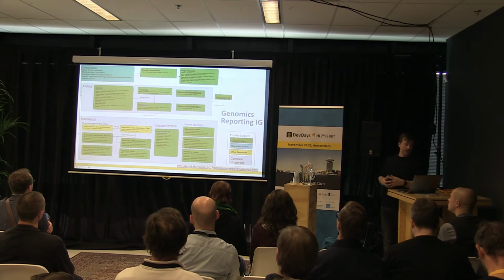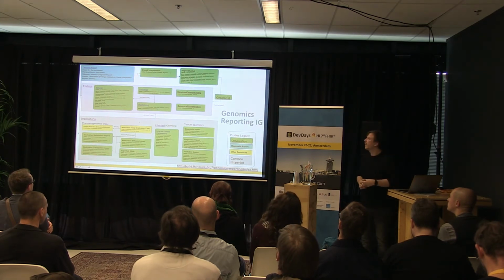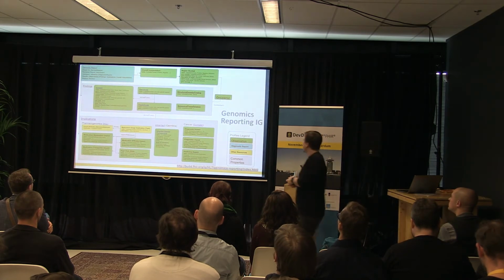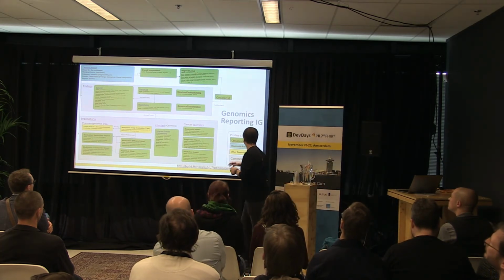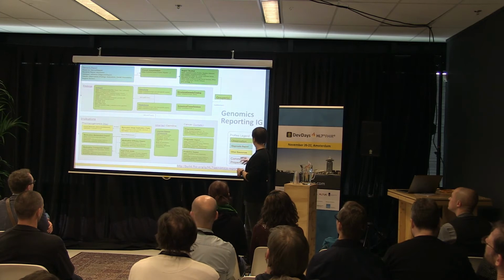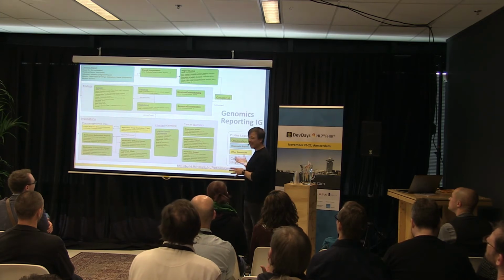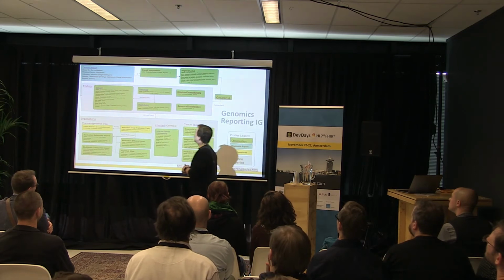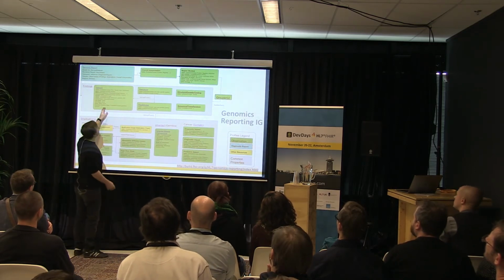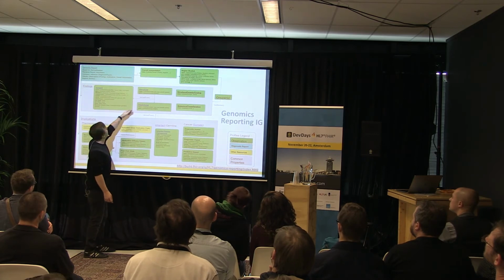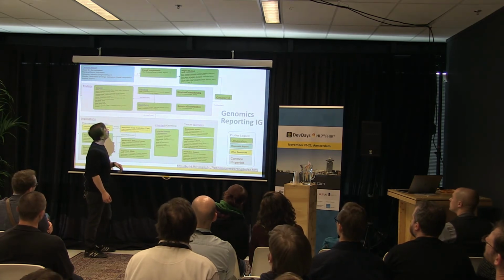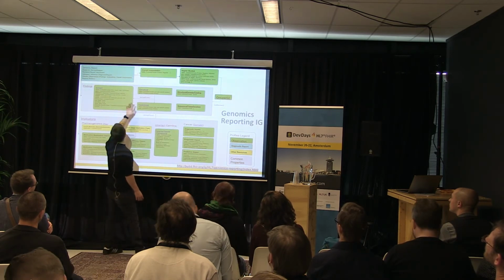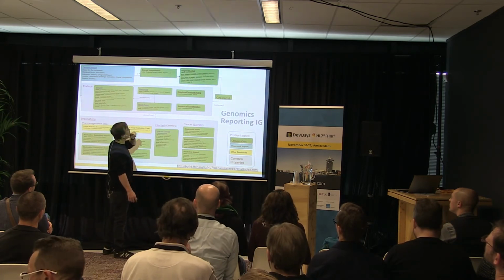So all the IG in a simple form is this. All the green stuff are observations. The yellow ones are other resources. The diagnostic report is another green. Yeah, so I talked about the variant. Derived from the variant, we will have the genotype, the haplotype. We have a structural genetic finding, which will be put into the variant soon, I guess.